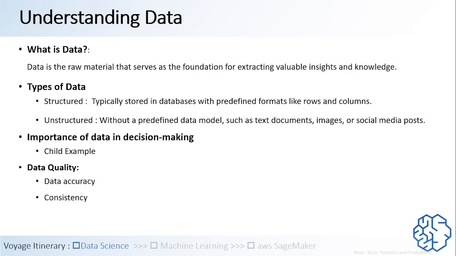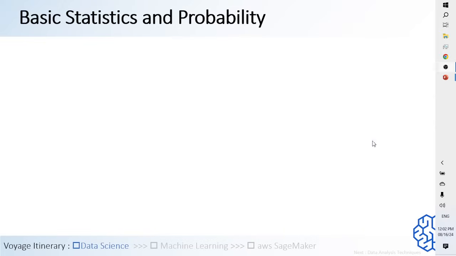And let's bring on those topic names. All right. So those two topics are basic statistics and probability. So, and please don't think that we are going to talk about a lot of formulas.